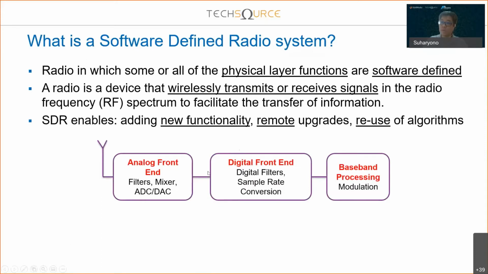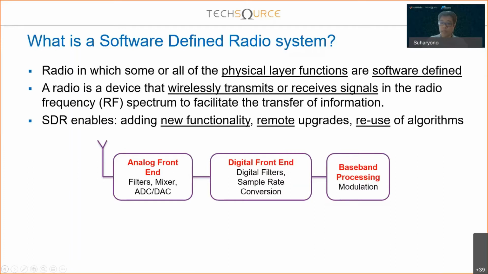Okay, so how can we picture this system? Basically, it consists of this RF front end, where you have direct RF conversion with a local oscillator or mixer. Then you have the ADC or DAC part of it.